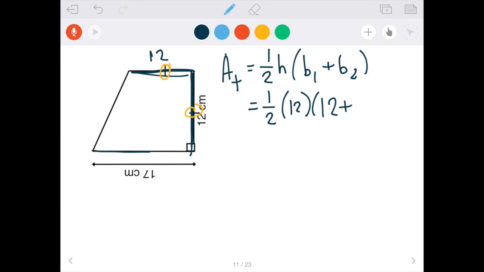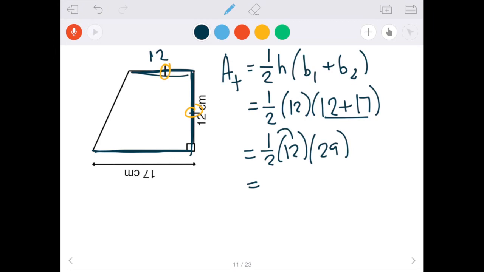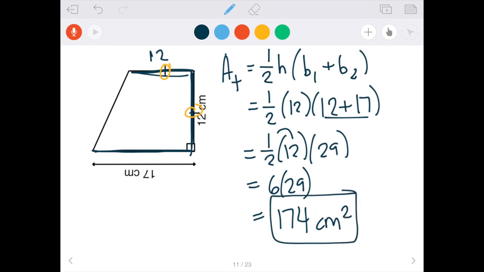That's helpful. And b2 is right here, which is 17. So 1/2 times 12 times, let's see, that's 29. Half of 12 is 6. And 6 times 29, let's see, is 174 centimeters squared.